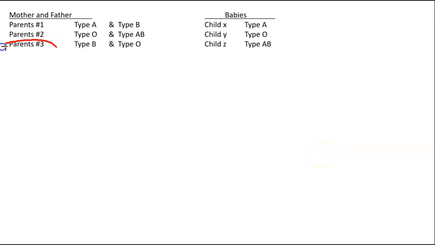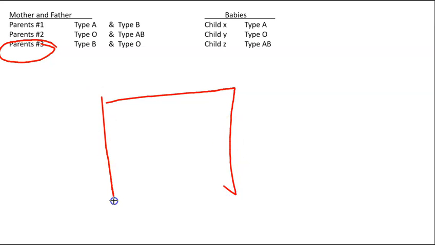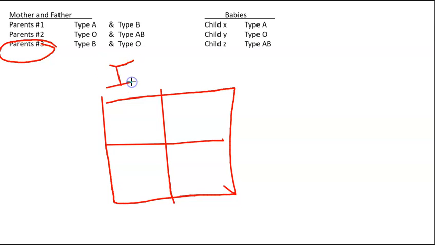So we're still with parent set number 3. Let's see when mom is heterozygous for type B. So she would be IB, little i. This is mom. And then dad is still homozygous recessive for type O, which is 2 little i's. Okay, so let's see this combination.